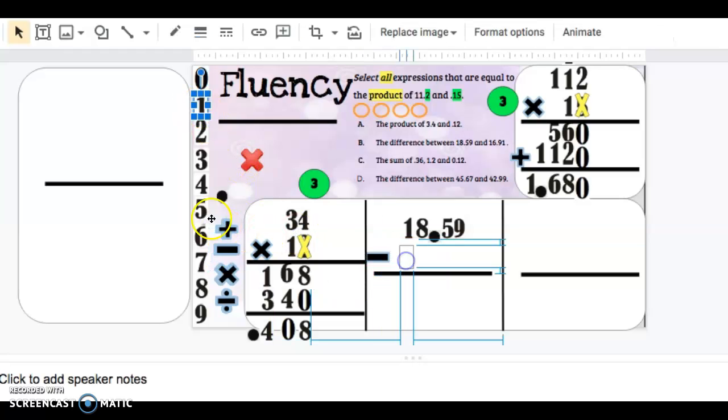Remember, when we subtract, we line up our digits and our decimal point. So the 6 is in the ones place, so I put the 6 in the ones.